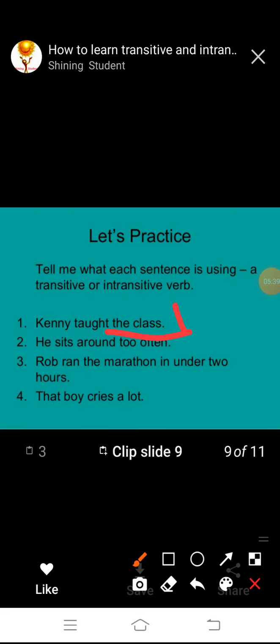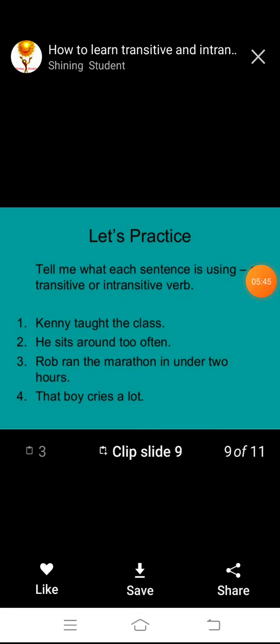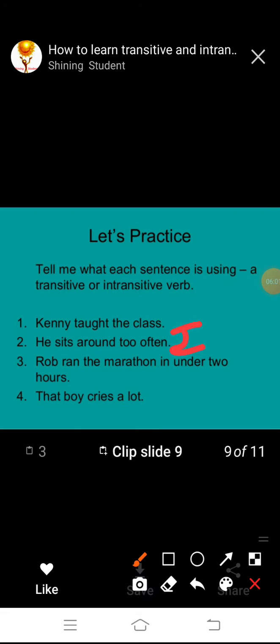So it's a transitive verb. He sits around too often. Think. Ask the questions what and whom. He sits what? Did you get the answer? No, I am not getting one. He sits whom? No, again, only 'around' and 'often'. So it's the answer of where. So it is an intransitive verb.